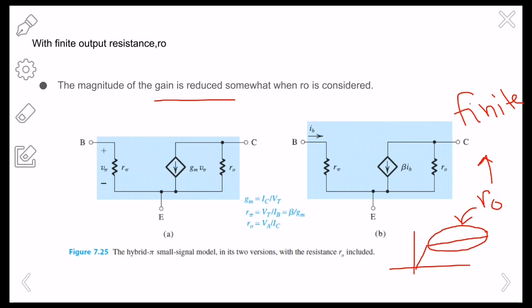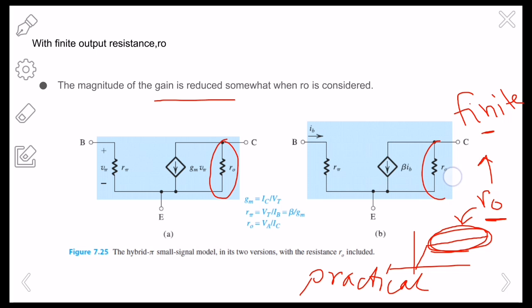If you consider a practical scenario, then you should use this sloppy output. That means your R0 is finite, and where do you put it in the equivalent circuit? You need to put it between the collector and emitter. You can see right here, this one or this one, any one you like.